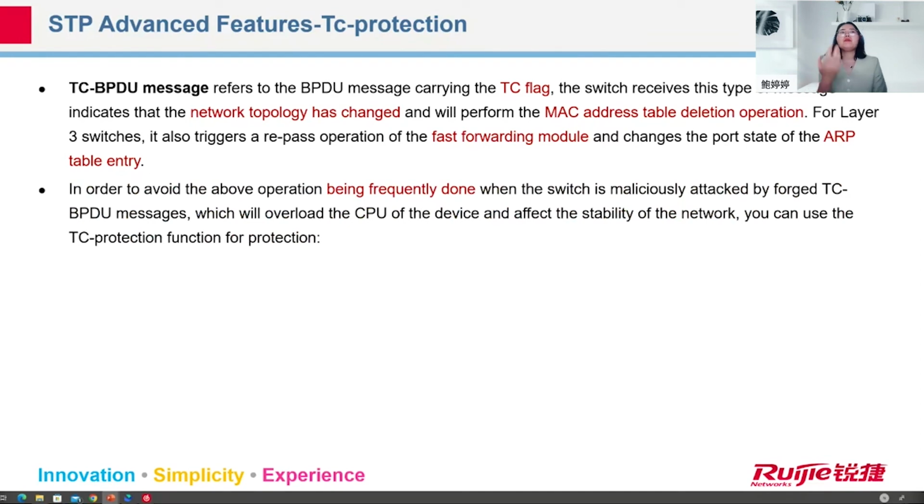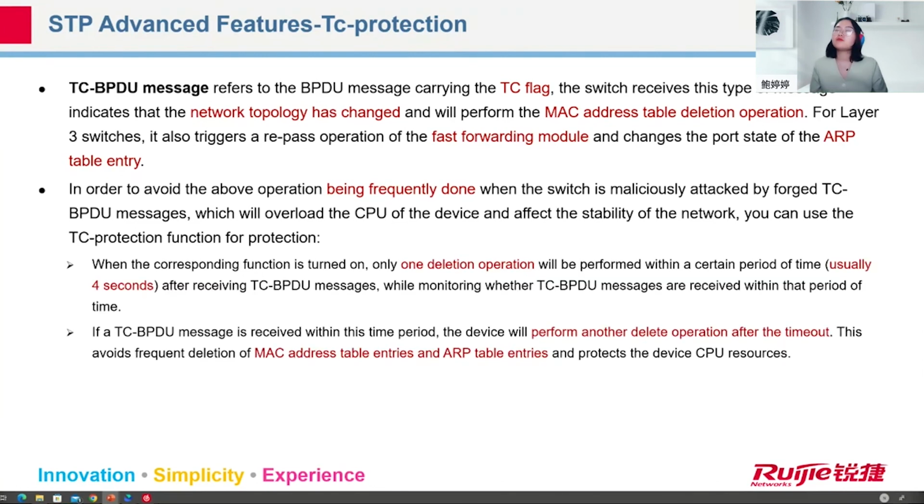And if we enable TC protection, it is used to avoid this operation being done frequently. For example, if we enable this function, only one deletion operation will be done within usually 4 seconds.